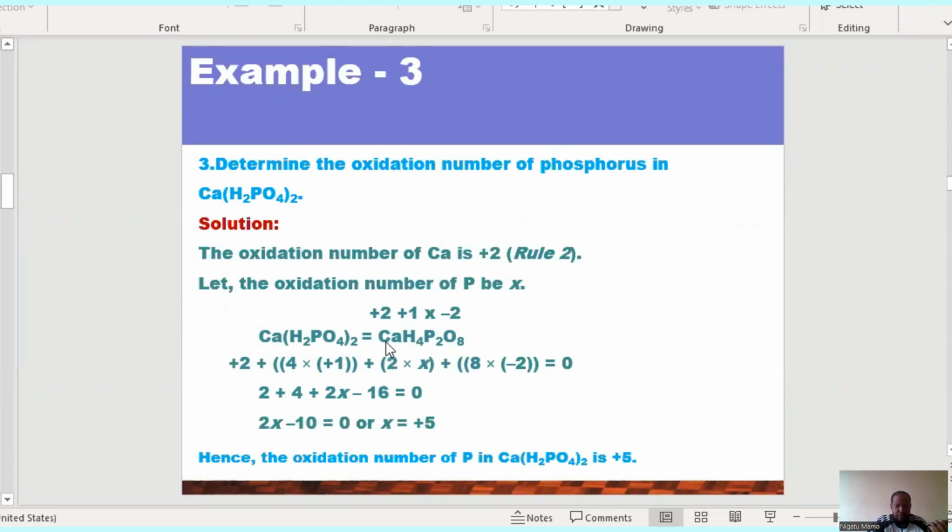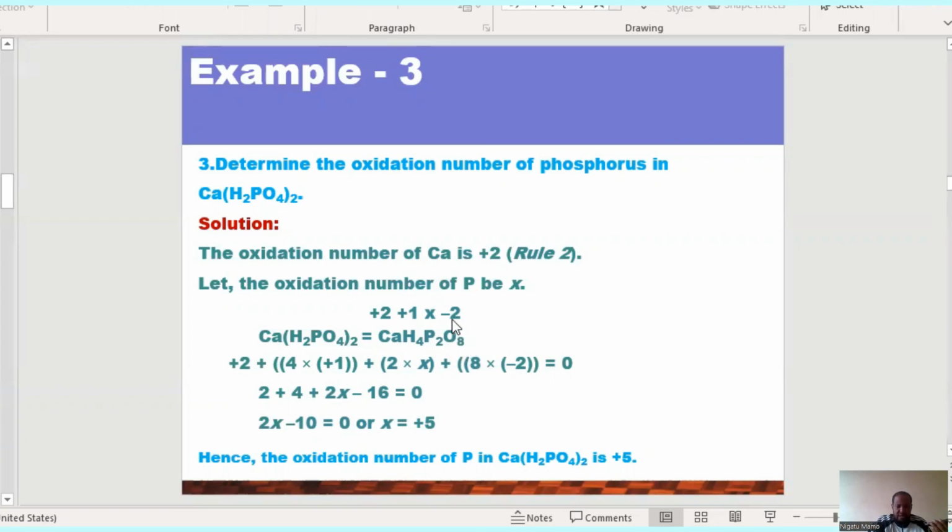This implies the sum of the oxidation states of each atom in this compound equals 0. We have a subscript 1 for calcium multiplied by 2, which is positive 2. Hydrogen has subscript 4 multiplied by positive 1, which is plus 4. Phosphorus has subscript 2 multiplied by X, which is 2X.